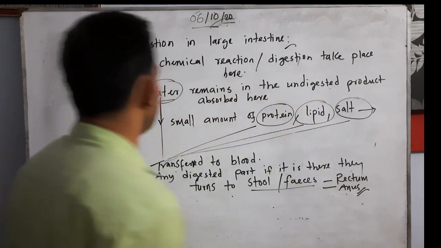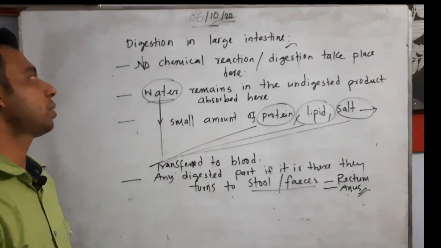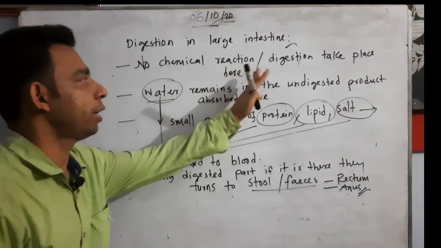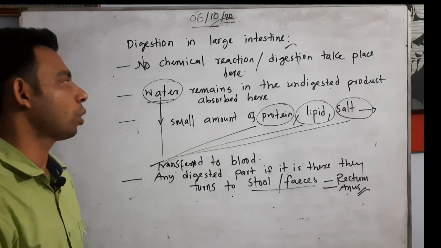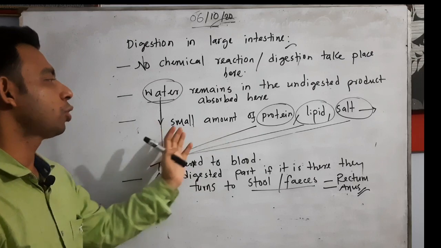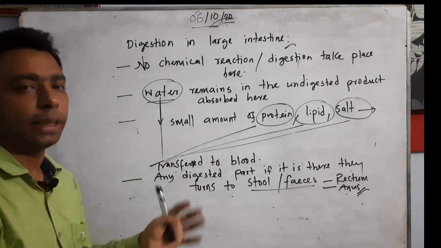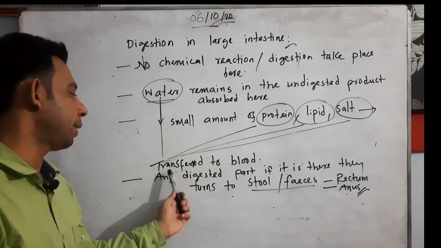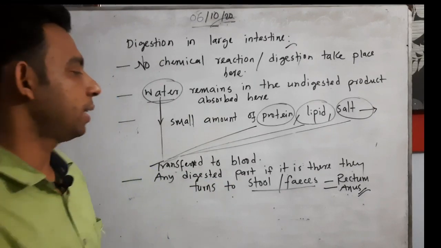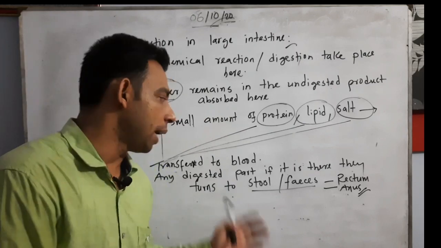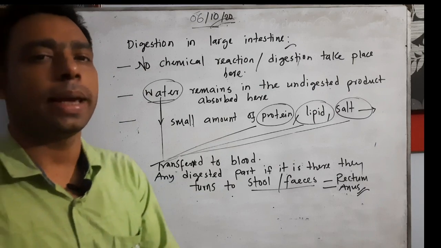So this is the digestion process in the large intestine. We have seen there is no chemical reaction or digestion here. Water remains in the undigested product and is absorbed here, and a small amount of protein, lipid, salt, if it is there, can be digested and absorbed properly and transferred to the blood. If any undigested part is there, it just turns to stool and is stored in the rectum and anus, and goes out from our body through the excretory system.